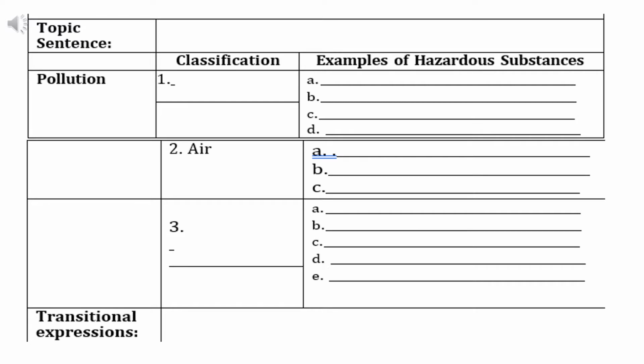For air pollution, we have toxic gases, solid and liquid particles or aerosols, and hazardous air pollutants. Under water pollution, we have industrial waste, sewage and wastewaters, chemical fertilizers, and pesticides. Then, of course, for the transitional expressions, we have for instance and lastly. Okay? So let's continue.